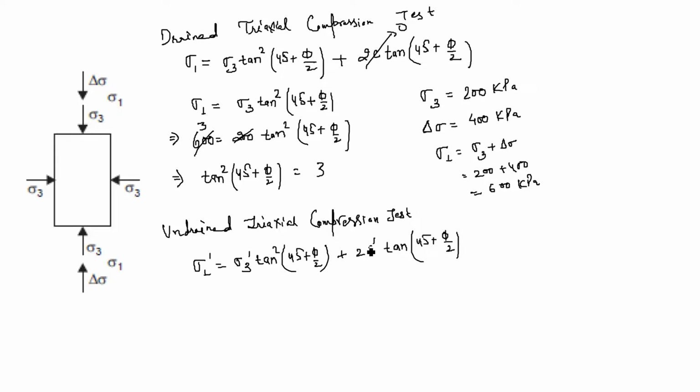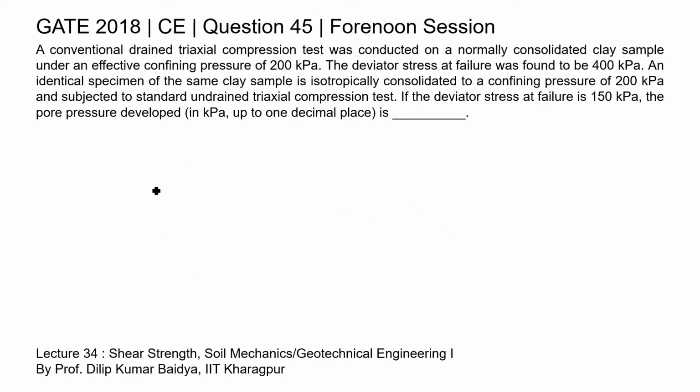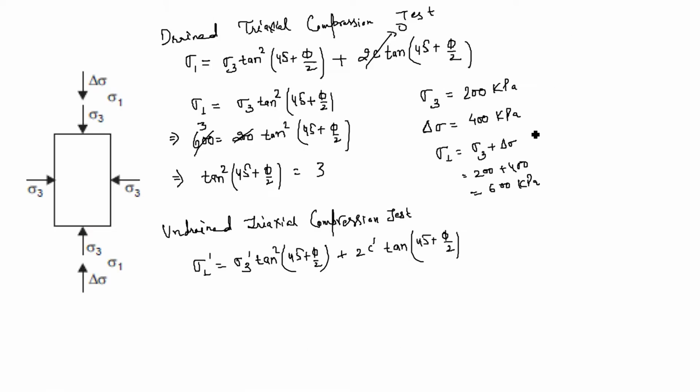Again this is the identical specimen of the normally consolidated clay sample, so c dash will be 0 again. Now sigma dash means total stress minus pore water pressure: sigma 1 minus pore water pressure is equal to sigma 3 dash, that is sigma 3 minus pore water pressure, times tan square (45 plus phi by 2).